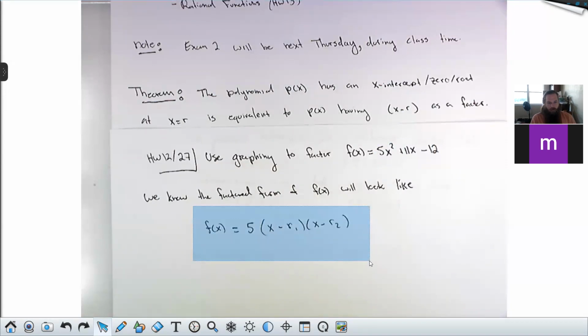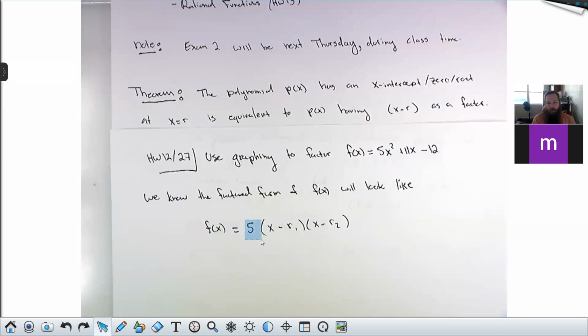So I want to make clear, this is what the factored form of a quadratic polynomial looks like. The lead coefficient is out here, and then you just have one factor for each root. Any quadratic can be written like this. Usually when we factor something like this with the AC method, the 5 would be distributed over one of these. You'd have something like 5x minus 7 and then x minus 2.